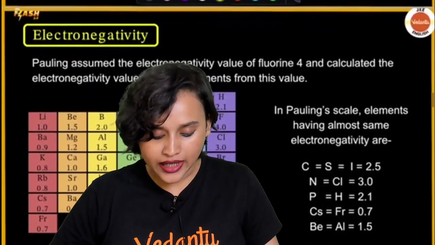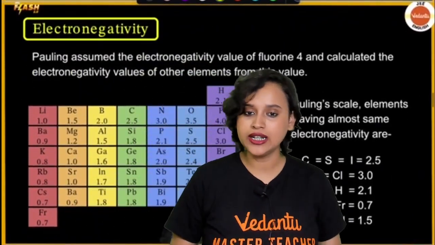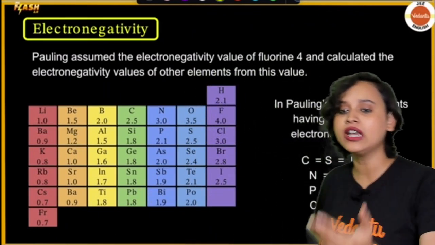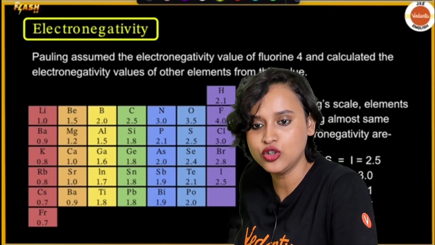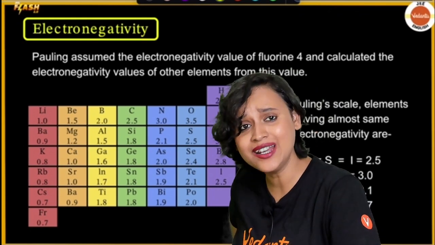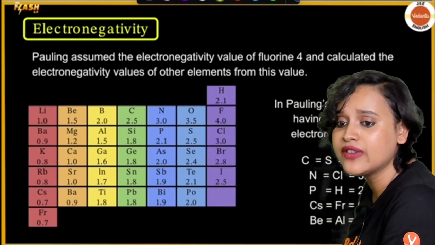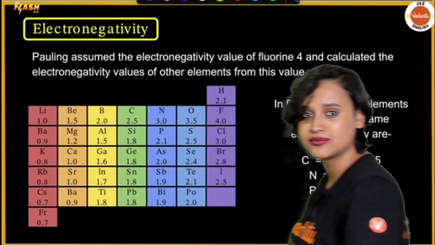Now what Pauling did was, Pauling did something interesting here. Listen to this. He assumed the electronegativity value of fluorine to be 4. And then based on this, he calculated electronegativity values of all the other elements.